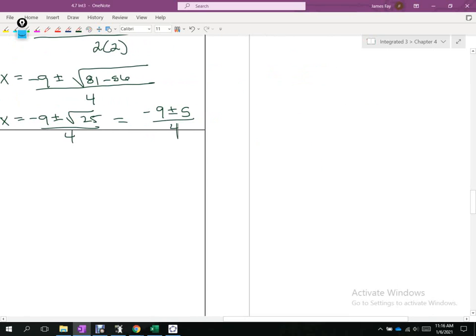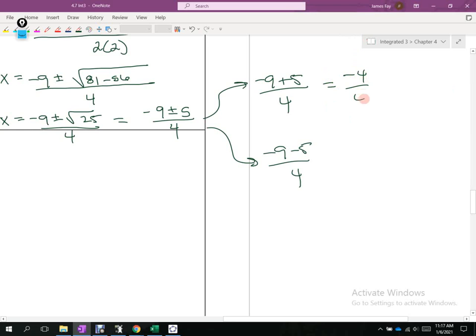Okay? So remember what that means to us. Negative 9 plus 5 divided by 4. And it means negative 9 minus 5 divided by 4. What's negative 9 plus 5? Negative 4. So negative 4 divided by 4 then is negative 1. Okay.